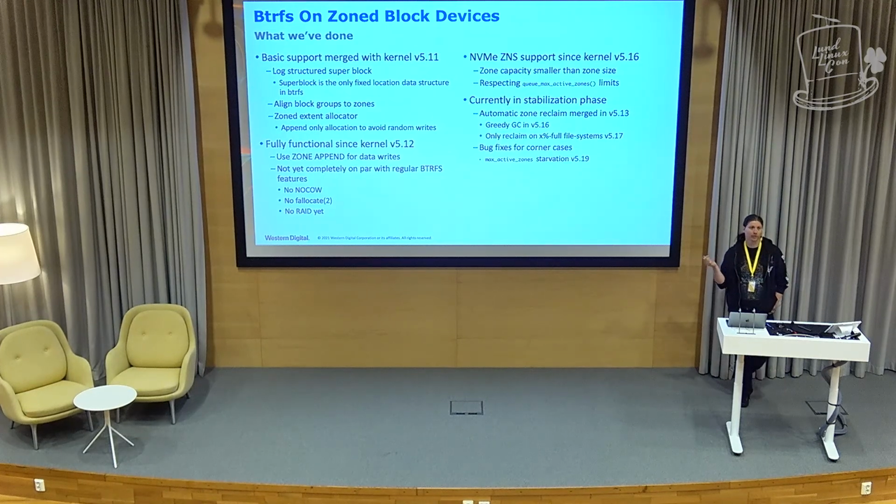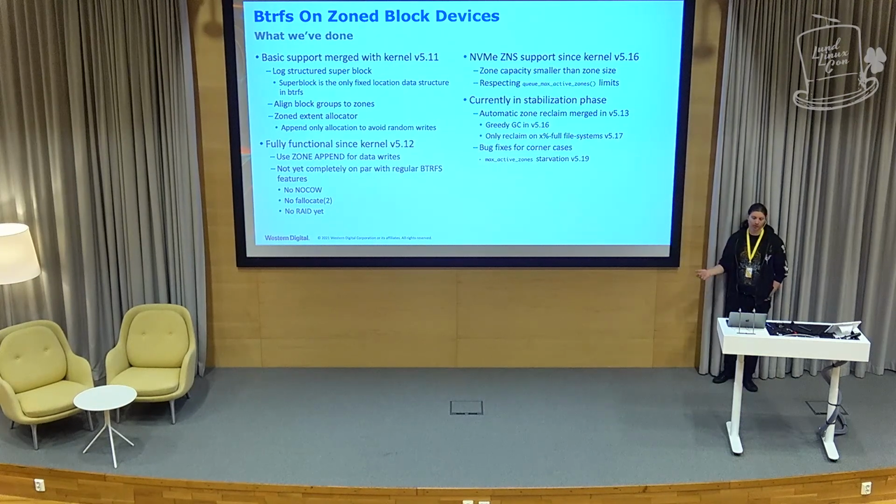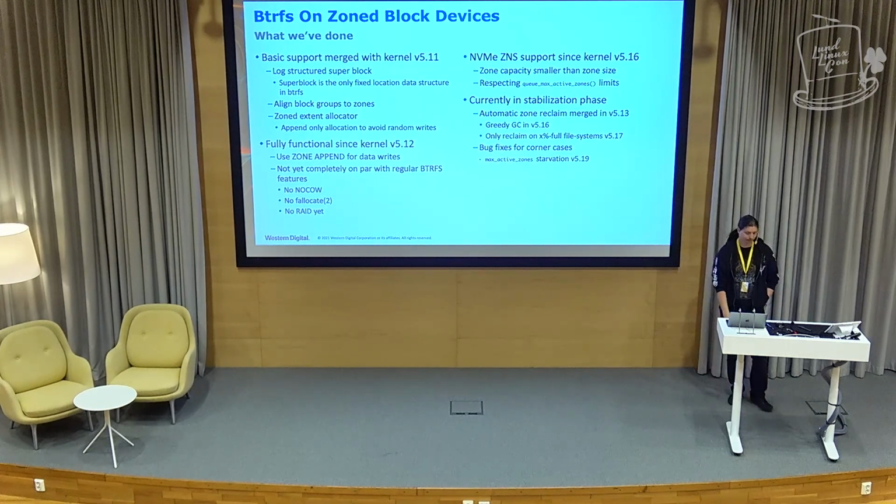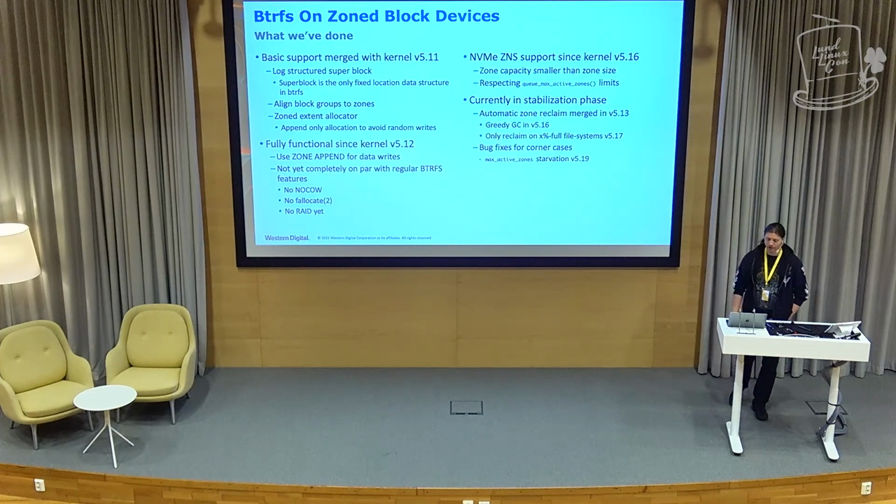So you can always look at the write pointer and see where your latest superblock is, kind of like a log-structured file system. Then we just aligned the block groups to the zone sizes and wrote a small extent allocator, which just looks if there's enough space in a particular block group and gives out the block group.